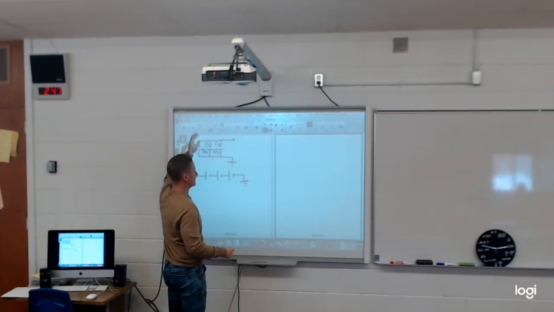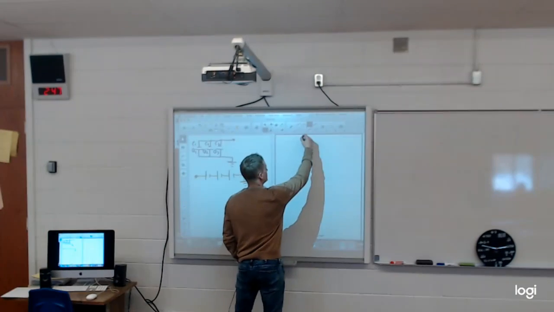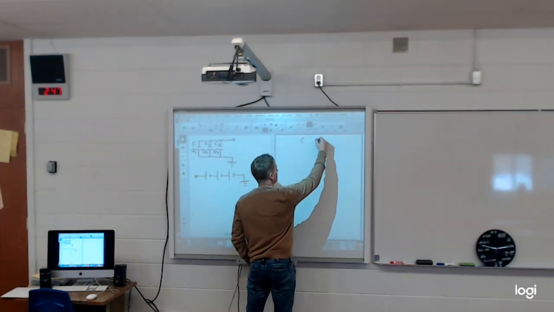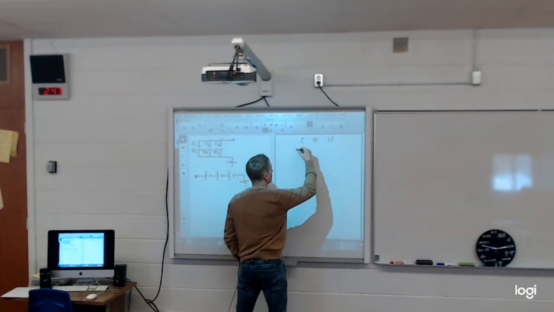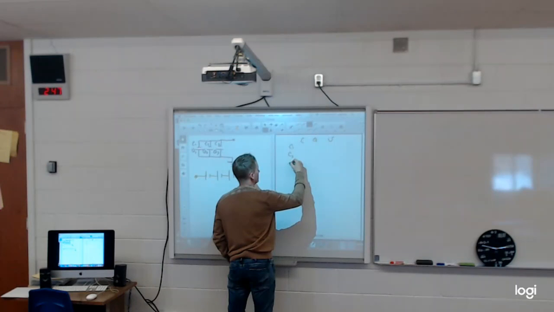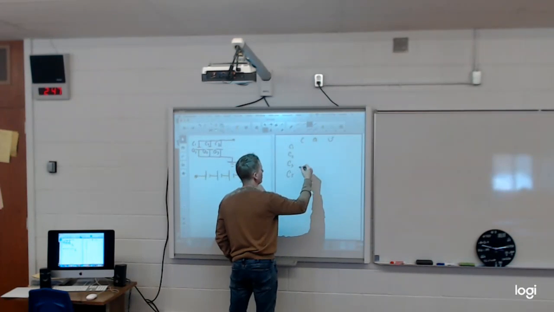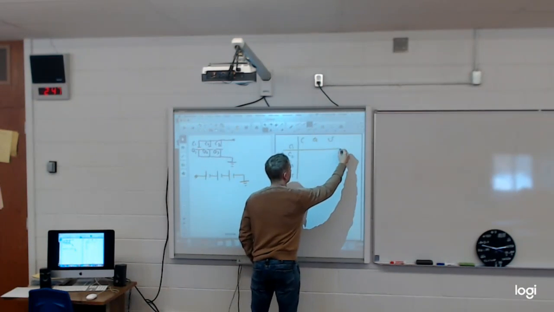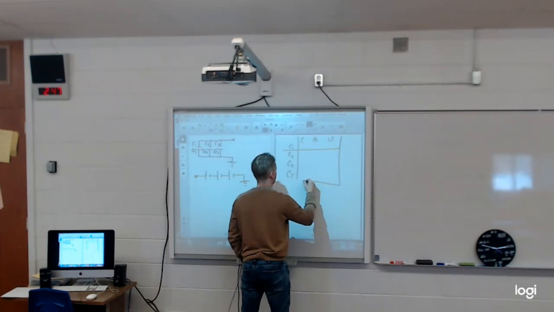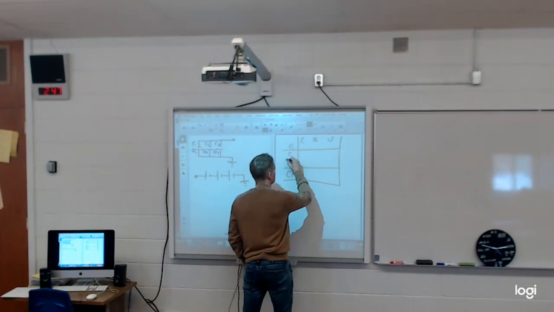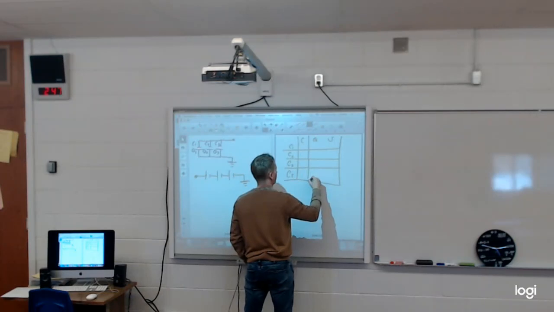So now I do this again: C, Q, V, C1, C2, C3, C total. Now I'm doing it for a series. That's exactly right, Rob.